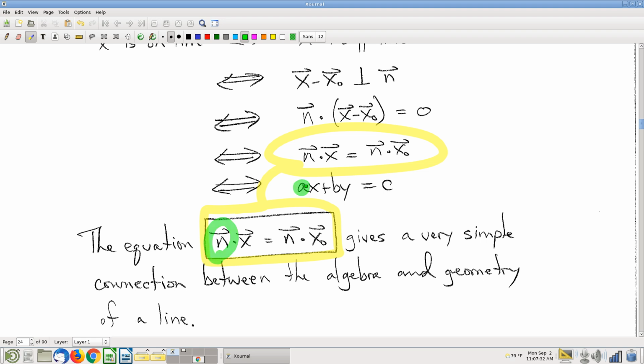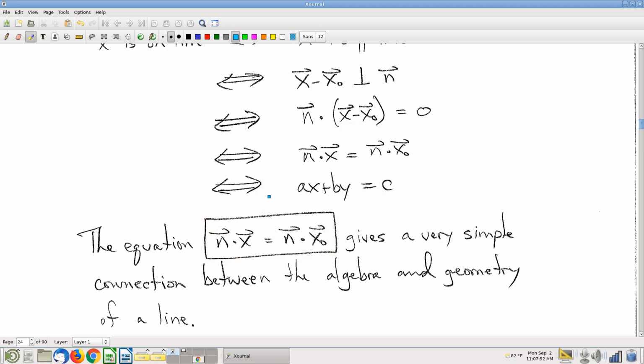This A and this B are the coordinates of a vector perpendicular to the line. And this number, whatever that is, is the dot product between the two givens that we're using to define the line in the first place.